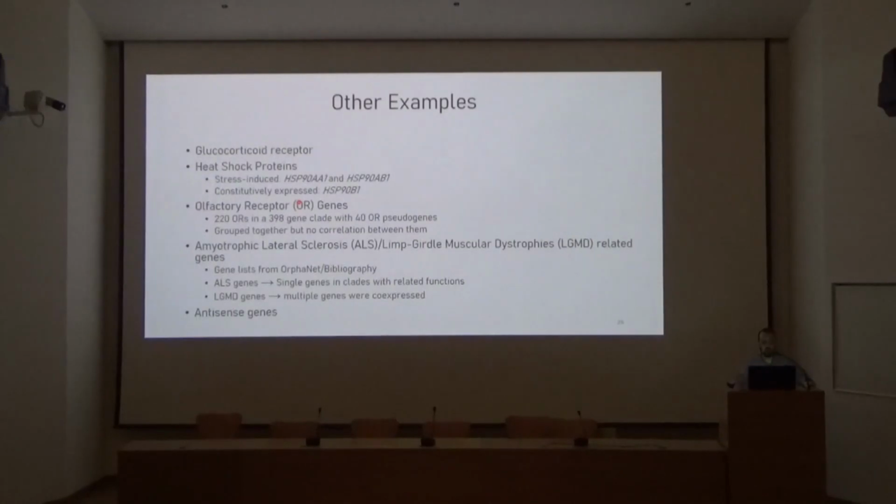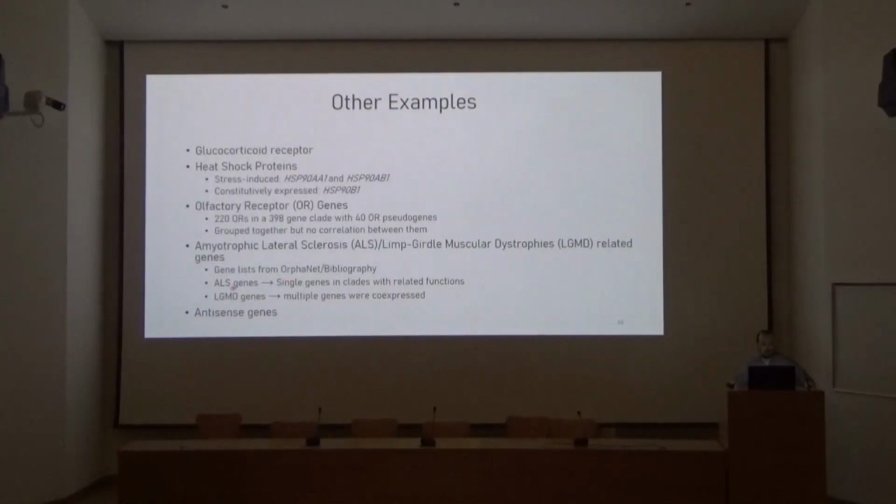Also, we tried to test the case for 2 neuromuscular diseases, that of ALS and LGMDs, and we want to thank our collaborators from the University of Ulster for helping with this analysis. They provided us with lists from Orphanet and from their own experience in bibliography.